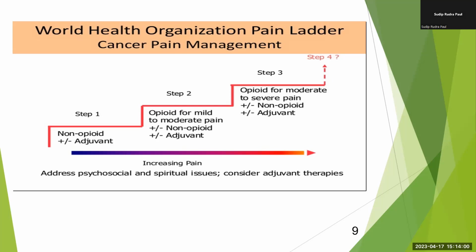And step 3 is strong opioid. Basically, step 1 is used for mild pain, and step 2 is used for patients with moderate pain. And if step 2 is not working, then we switch the patient to step 3 for severe pain, which is a strong opioid.